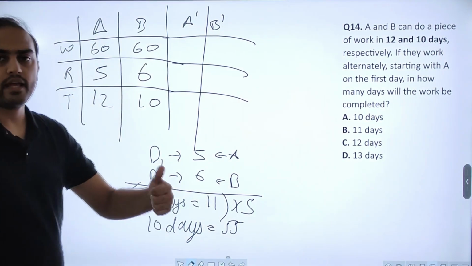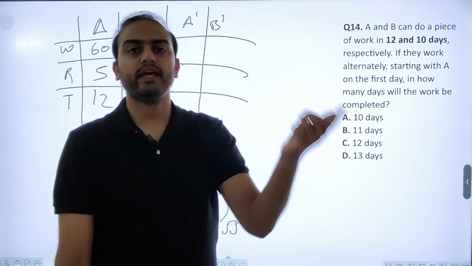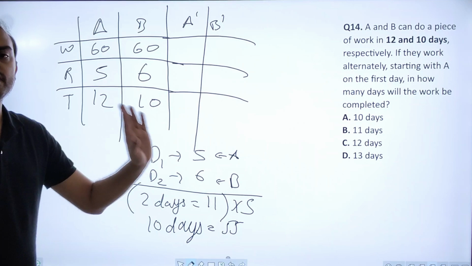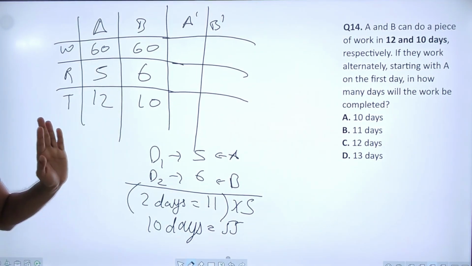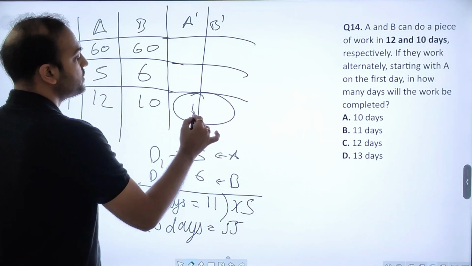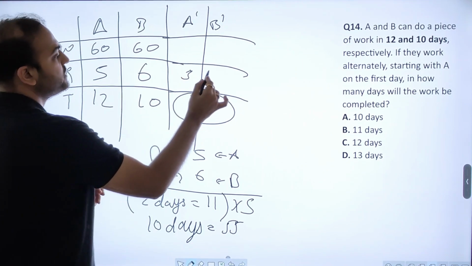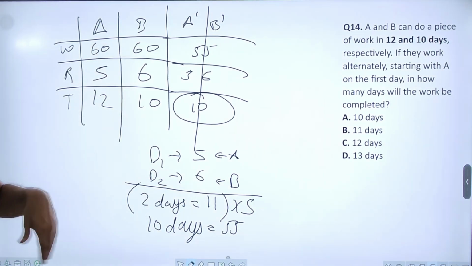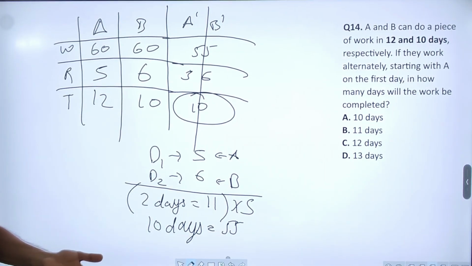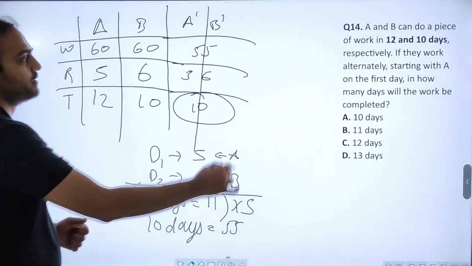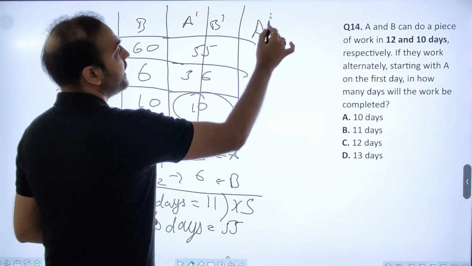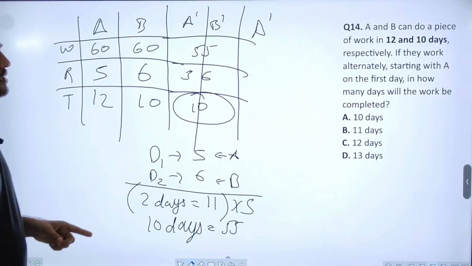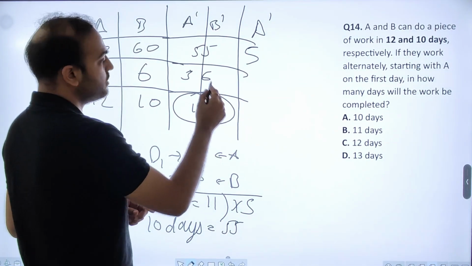Starting with A on day 1, then B, then A, then B, like this, in 10 days they finished 55 chocolates. Now it is the 11th day, and it is A's turn. 5 chocolates are left.